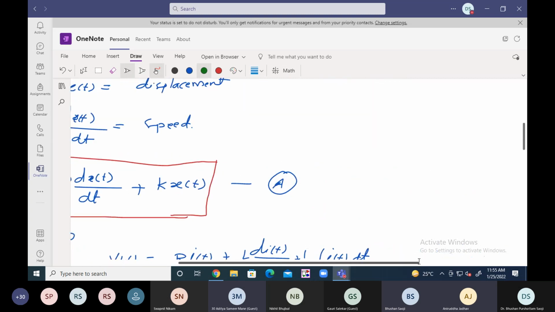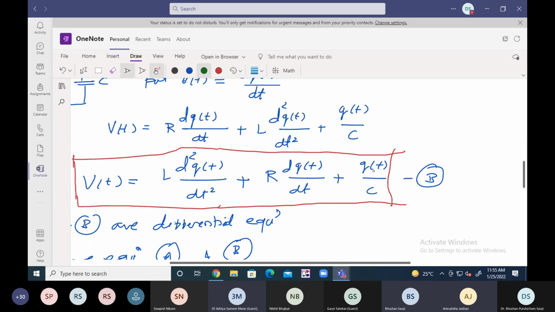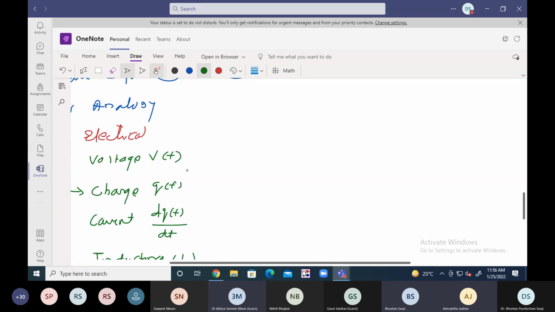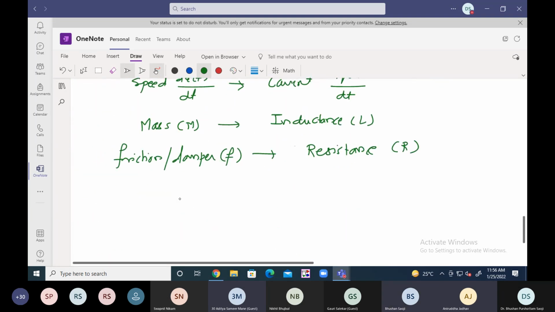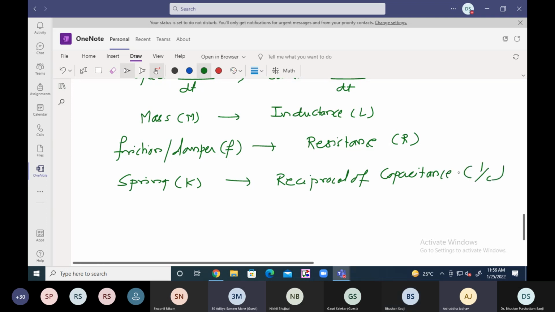Similarly, in v of t, in equation B, the third term is q of t divided by C. So the spring is nothing but 1 by C. Spring K is nothing but the reciprocal of capacitance, that is 1 by C.